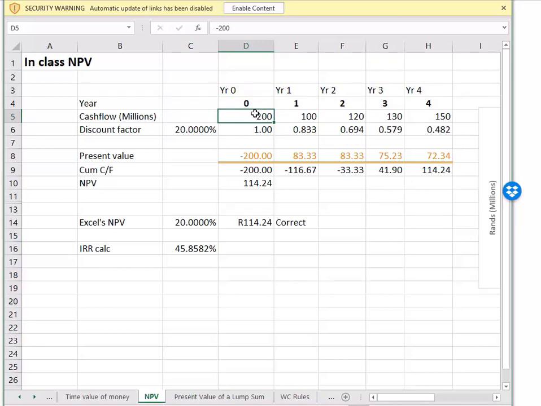These numbers are in millions, and let's assume for our purpose it's in rands. It's required to spend 200 million Rand to acquire certain assets that the business needs in order to generate cash flows. And the business has determined that in the future, by using these assets, they will generate in the first year 100 million, in the second year 120 million, 130 million, and in year 4 150 million. So these are the forecasted cash flows that are expected from investing in this asset.